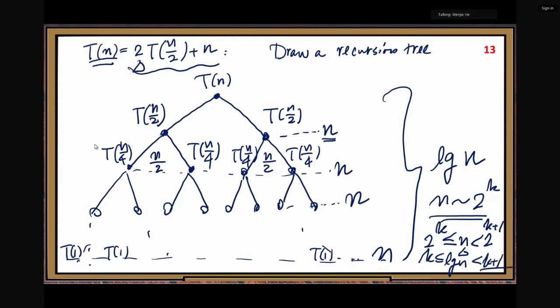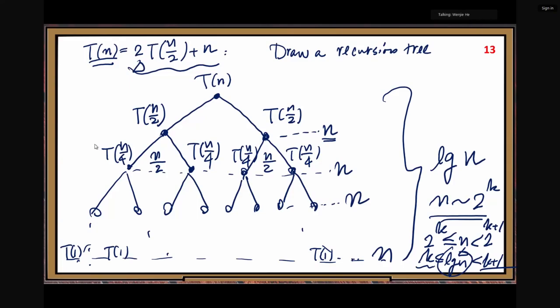Now you use log to approximate k. Is it a good approximation? The difference is less than 1, so it should be a good approximation.